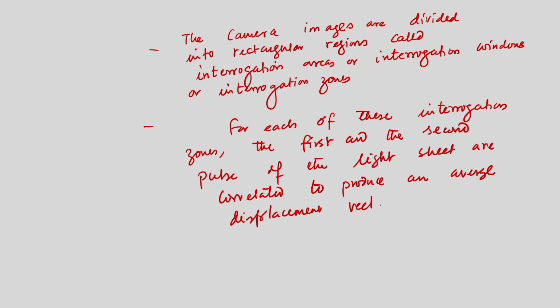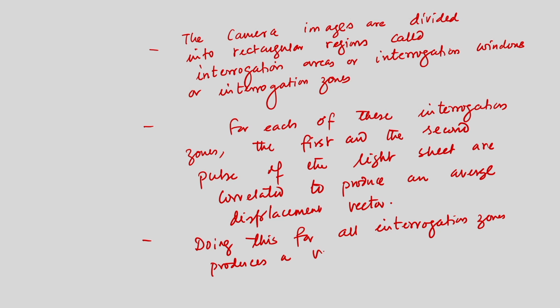And doing this for all interrogation zones produces a vector map of average particle displacement.